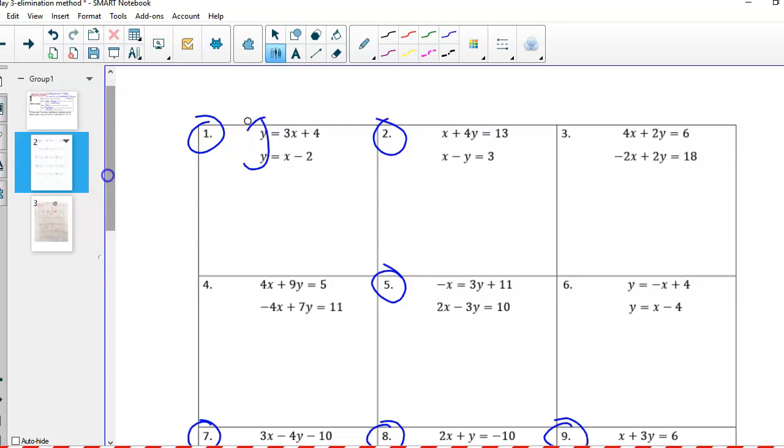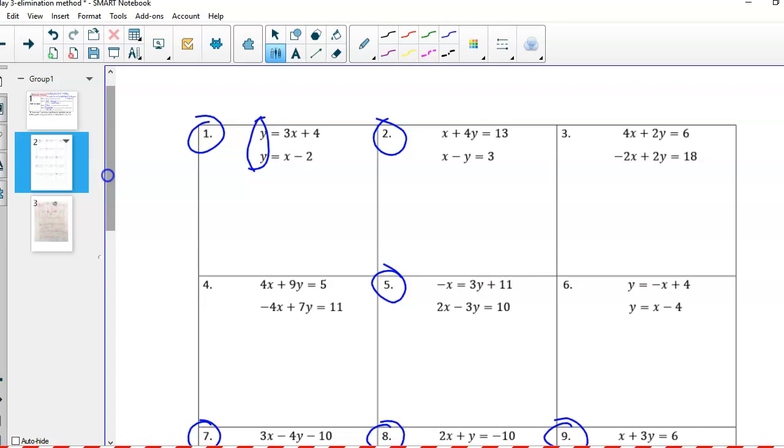Now, because we are trying to get rid of our y's, we need to either add or subtract these equations together. Why'd you say subtract? Because they're both positive. Okay, so you have to think about that. Could we add or subtract the equations together to get rid of it? And which one makes more sense? If we added these together, we'd get 2y, not 0.